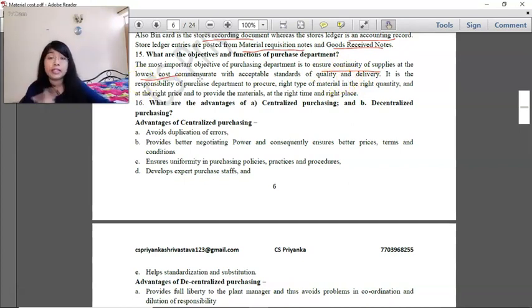The two main objectives are lowest cost and highest quality, so the standard of quality and delivery should be maximum and the cost should be minimum. It is the responsibility of the purchase department to procure the right type of material in the right quantity at the right price, and to provide the material at the right time and right place. So it's a very important line.